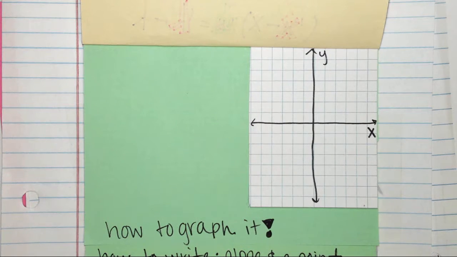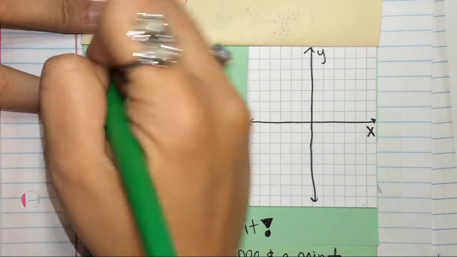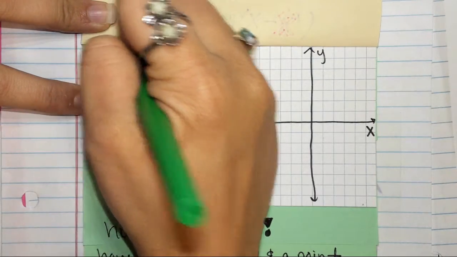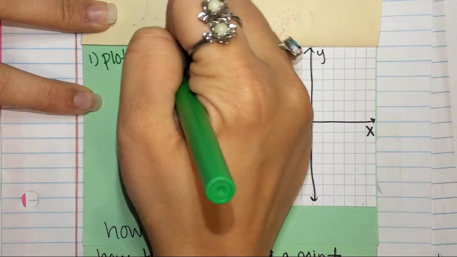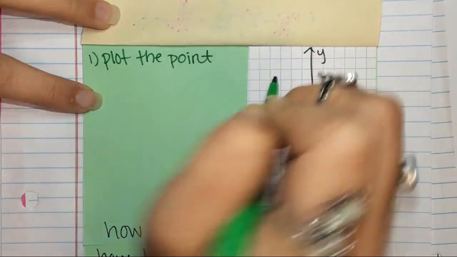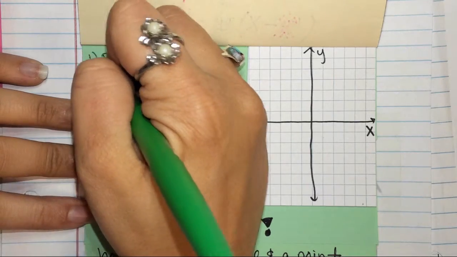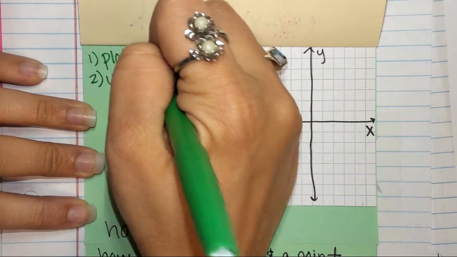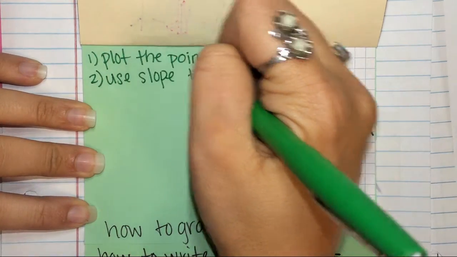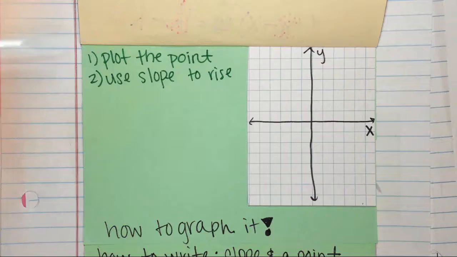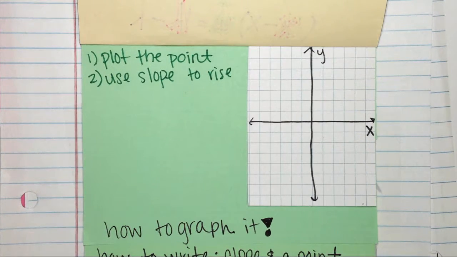Alright, so when I give you an equation in point-slope form, the first thing you do is plot the point. Then use your slope. Use slope to rise. Hey, I don't know if y'all caught this, but I'm teaching.